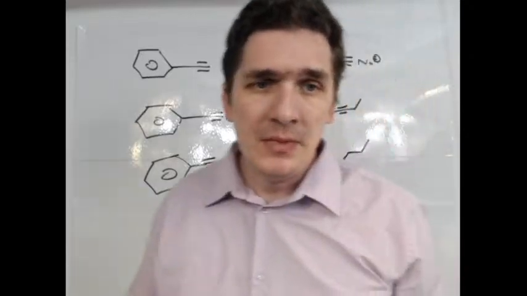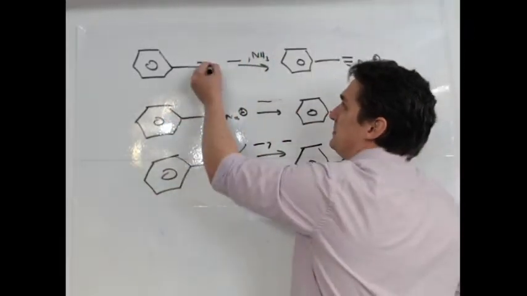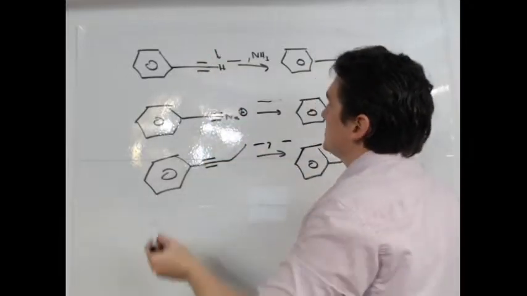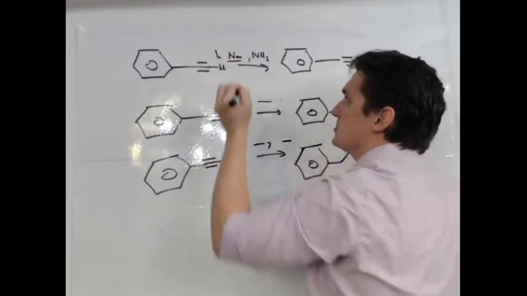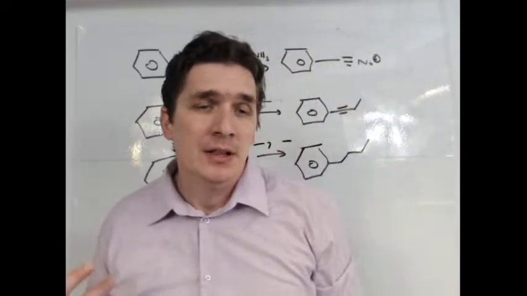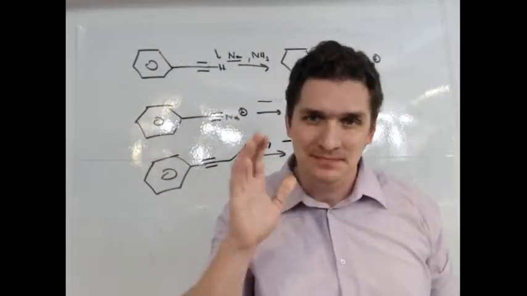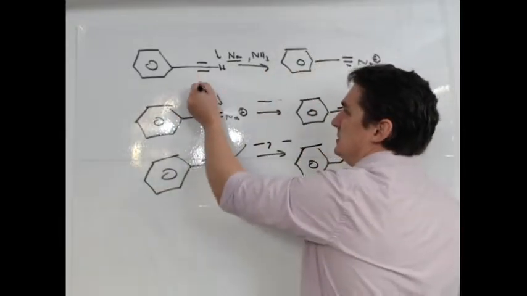So big hint here for the first step. You've got an Na+. This hydrogen here, even though it's not drawn, is super easy to abstract. So basically, you're just going to throw sodium in the reactor to begin with. This sodium is going to deprotonate that terminal hydrogen and give you what amounts to a very good nucleophile.